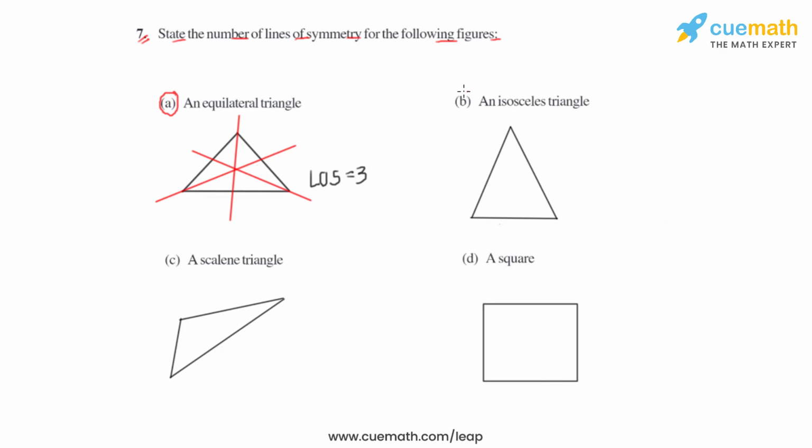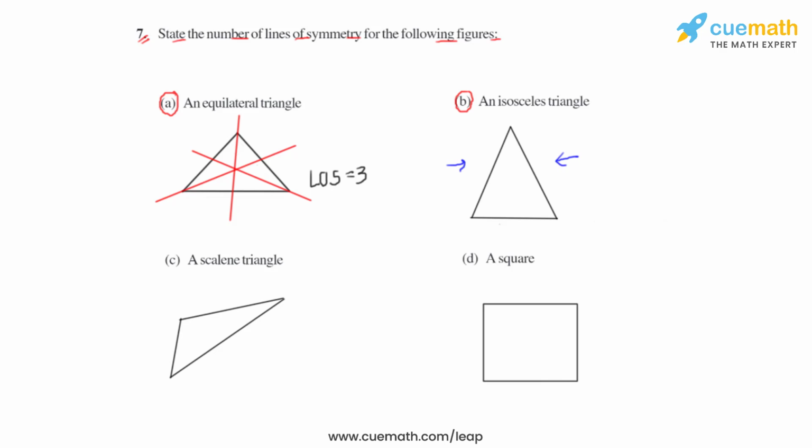Moving on to figure B, which has an isosceles triangle. In an isosceles triangle, a pair of sides are of equal length. Let us consider the pair of sides with equal lengths to be these two.